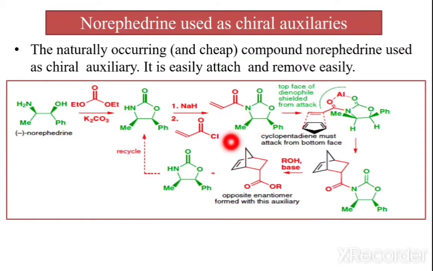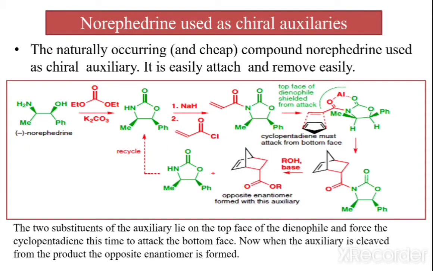Now the most important step is here: the cyclopentadiene must attack from the bottom face, and the top face of the dienophile is shielded from the attack due to this chelation complex, and these two groups are above the plane.